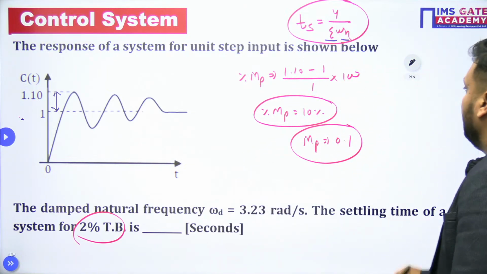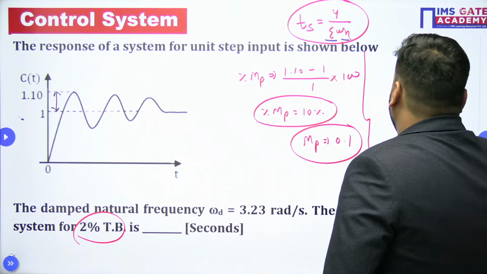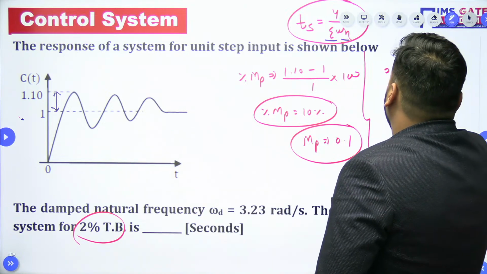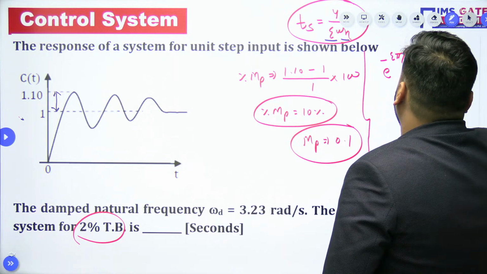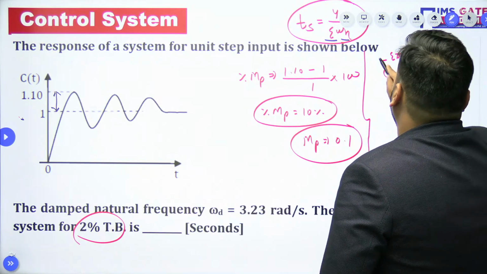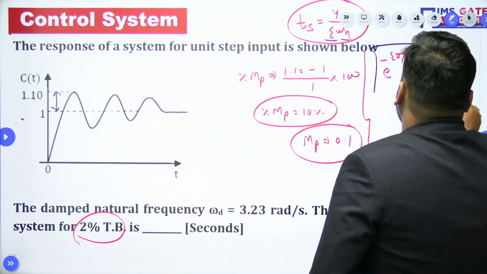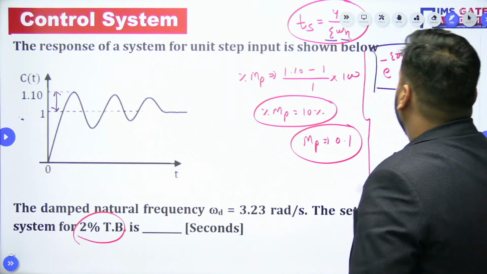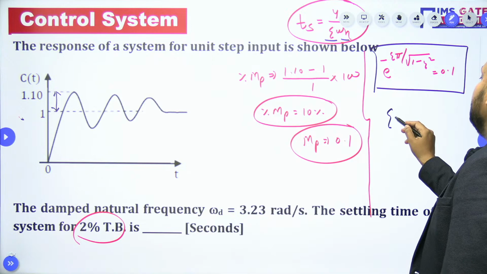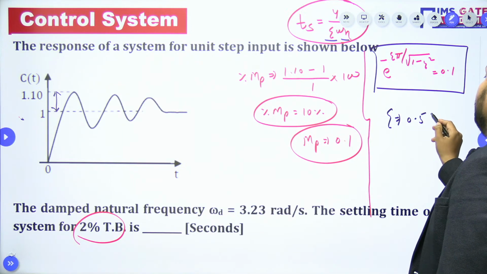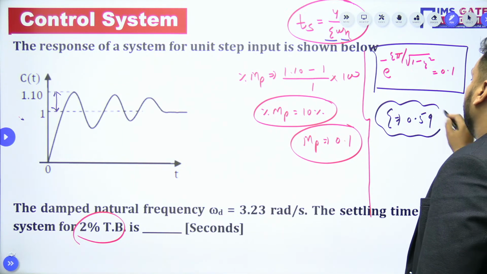And we all know the Mp formula is e to the power minus zeta pi upon root of 1 minus zeta square, equal to 0.1. From here, when you take ln on both sides, the zeta value that you will get is 0.59.